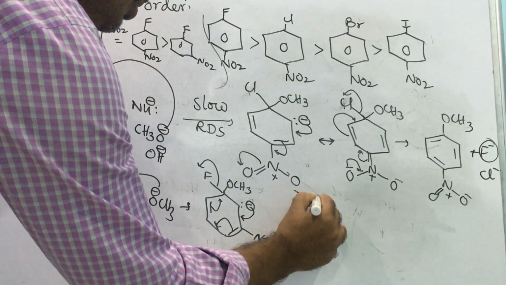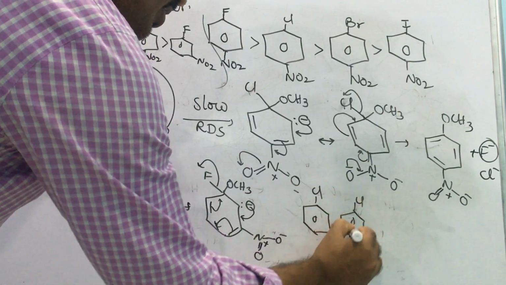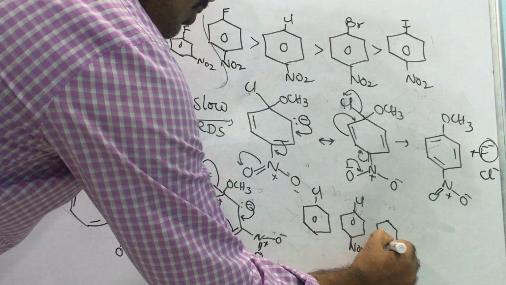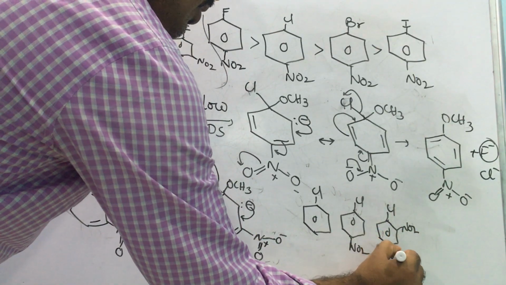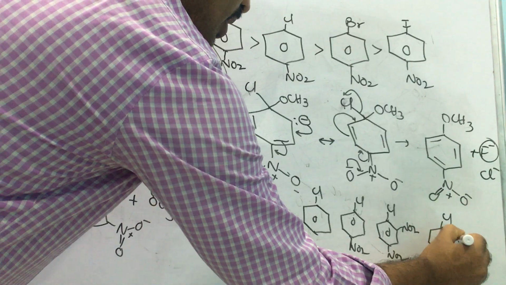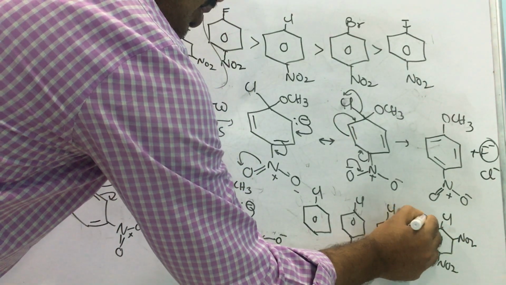Before that, we discuss this reactivity. This is chlorobenzene. This is chlorobenzene with NO2. Next, chlorobenzene with NO2 and NO2. Next, chlorobenzene with NO2, NO2, NO2.